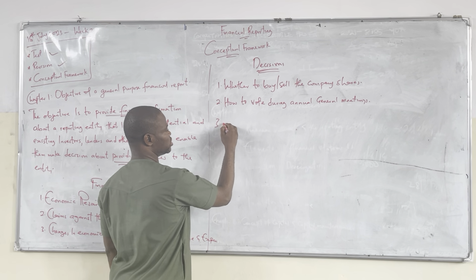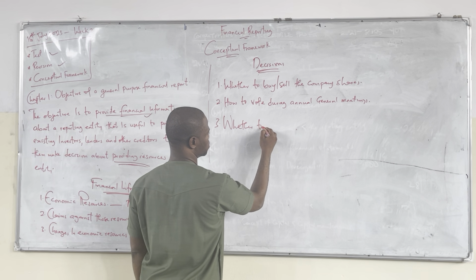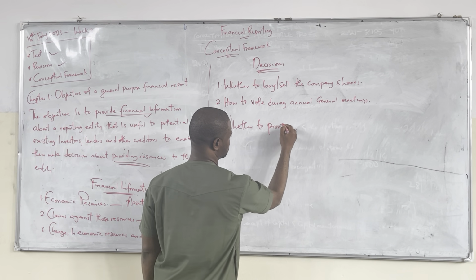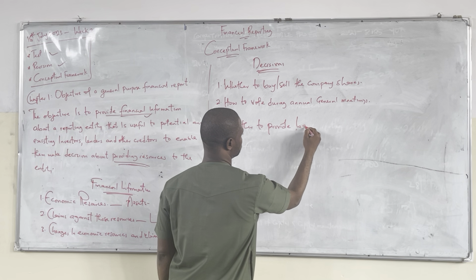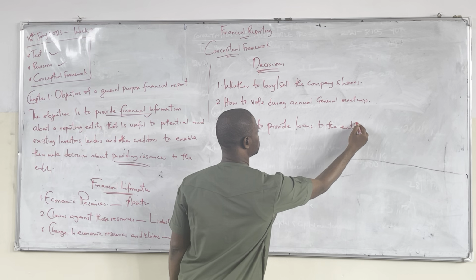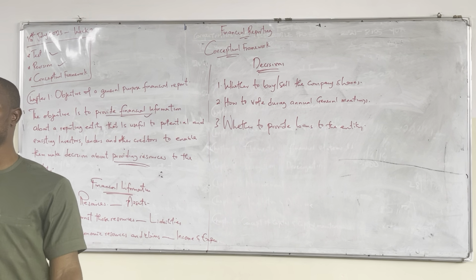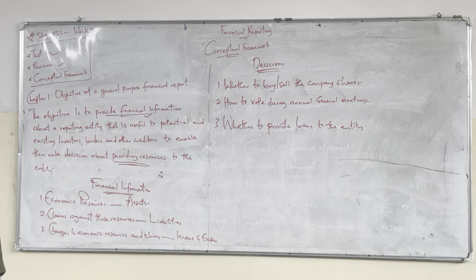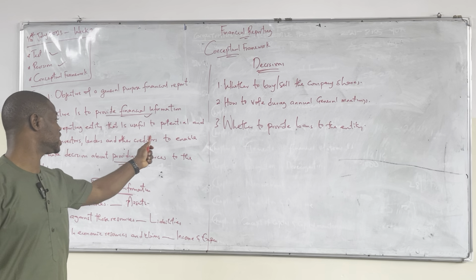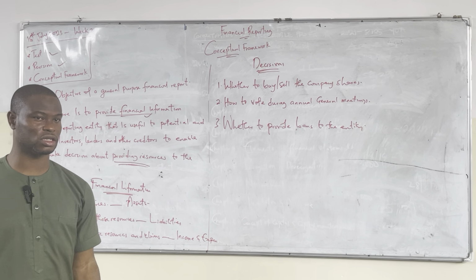And the third one is they want to make a decision on whether to provide loans to the entity. And who makes this decision? Majorly the lenders. Should I continue to give them loans or not?